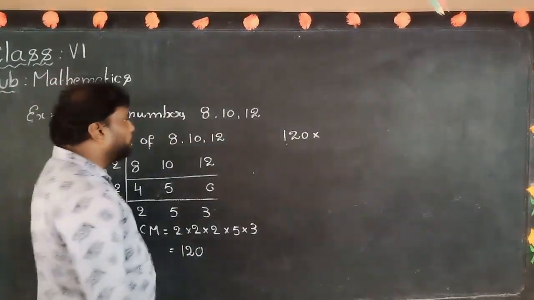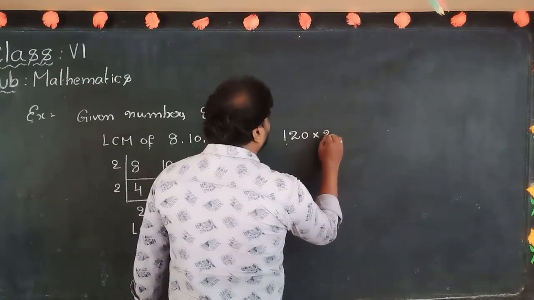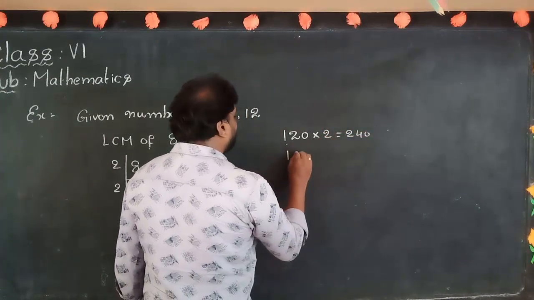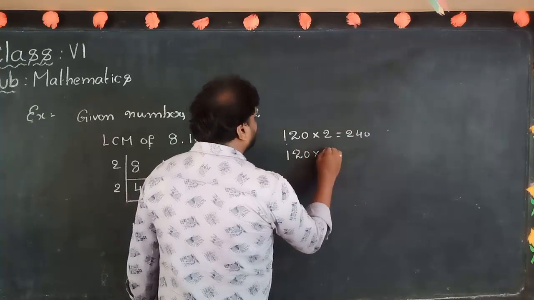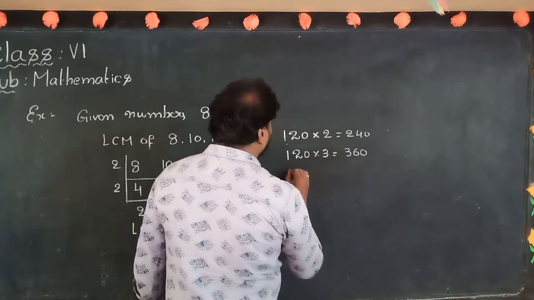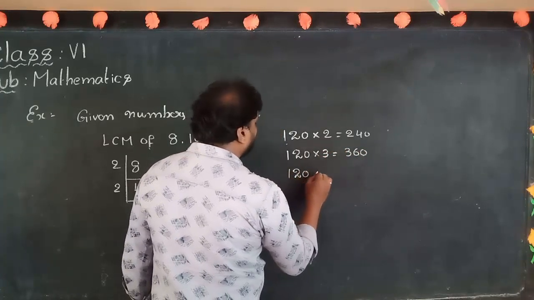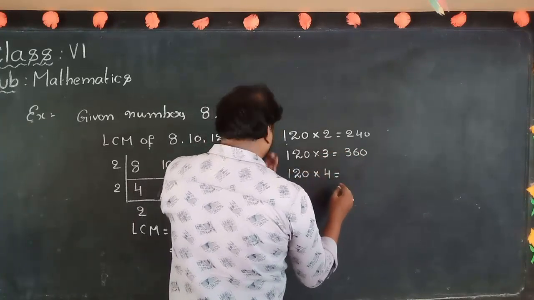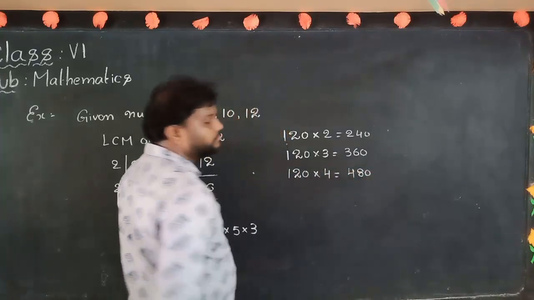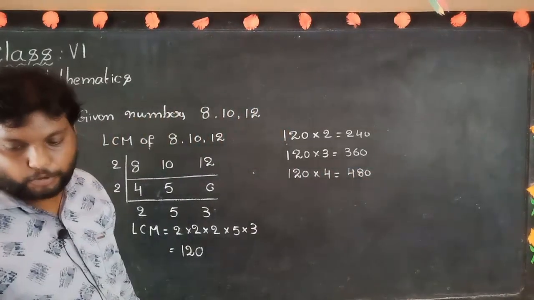Okay, 120 2s are 240, 120 3s are 360, 120 4s are 480. Okay, like that up to, we have to write.